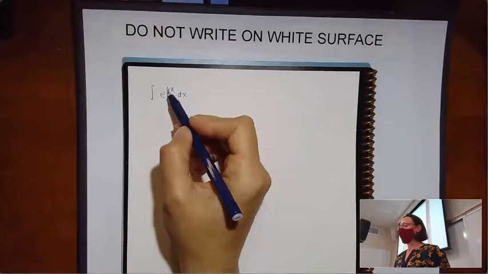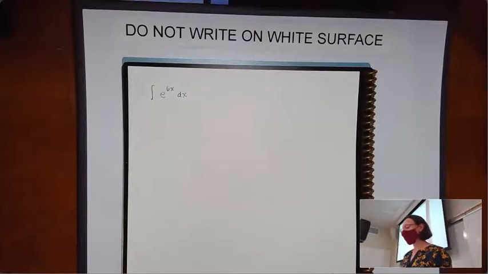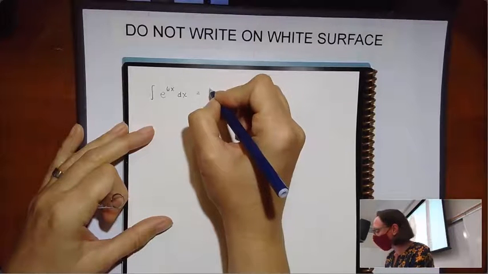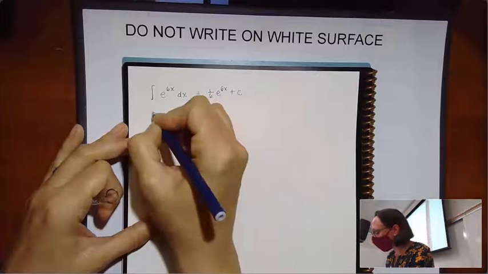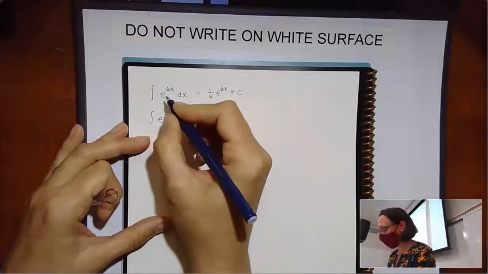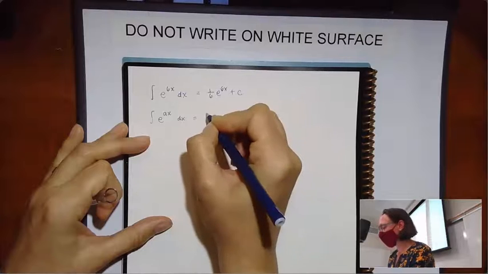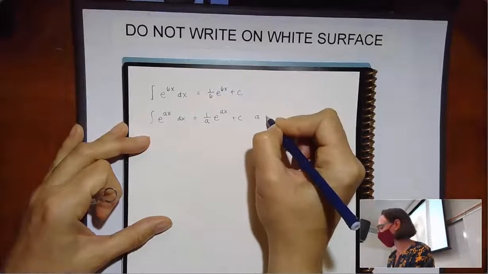If I have a number times x in the problem, it's totally fine to write out that u substitution. But we're just going to end up dividing by that constant. So save yourself the time and head straight to that answer, or think about this generally as saying e to the a times x dx is equal to 1 over a e to the ax plus c, where a is a constant.